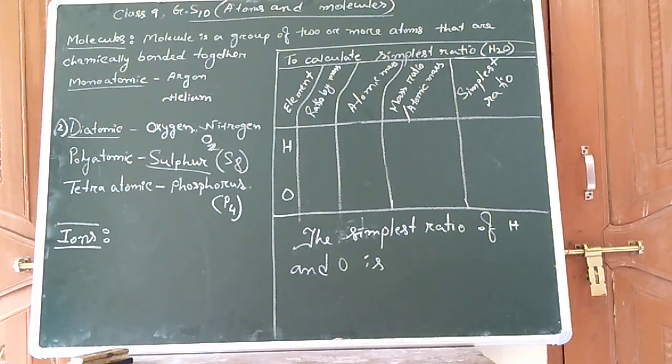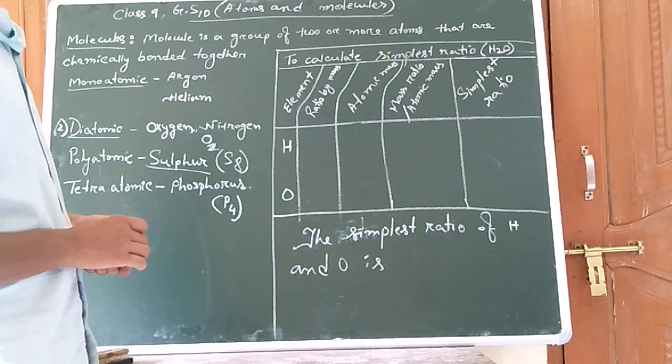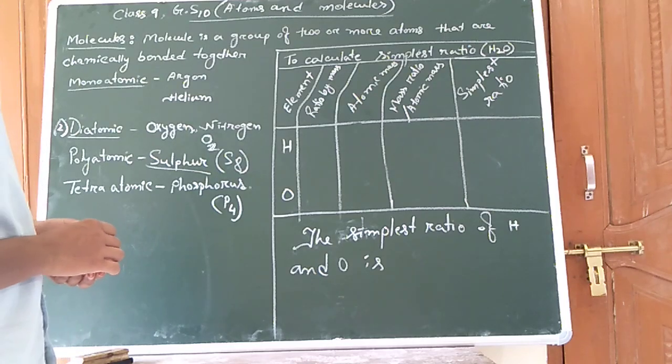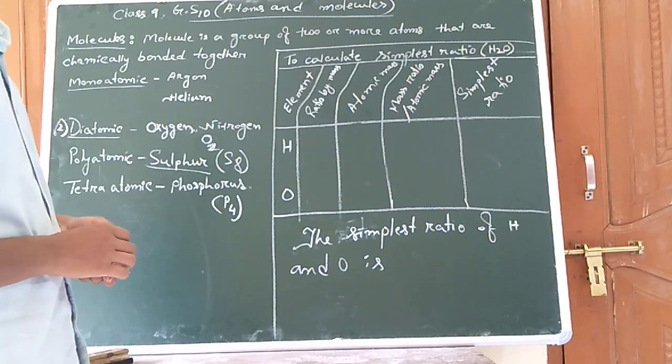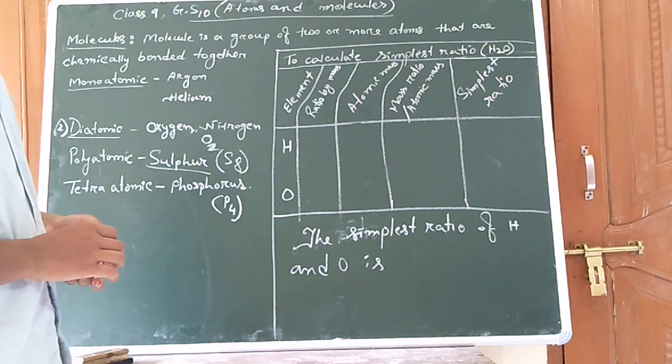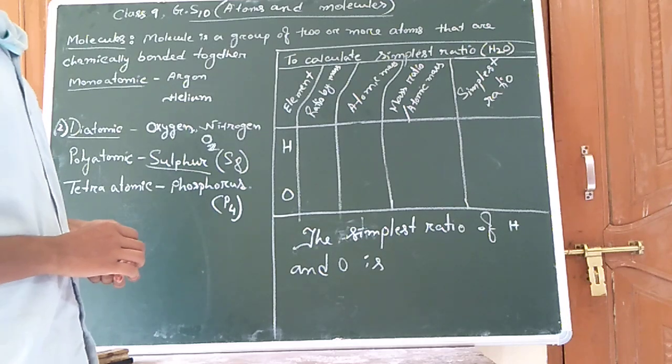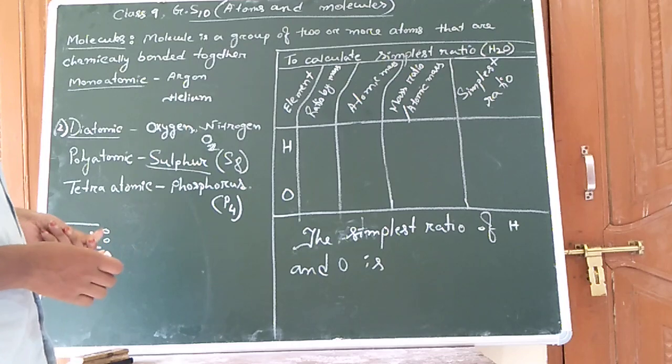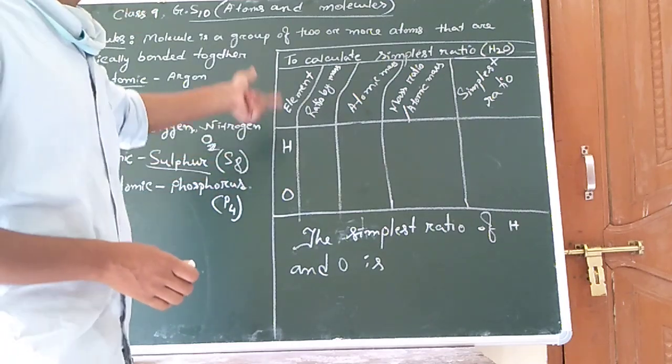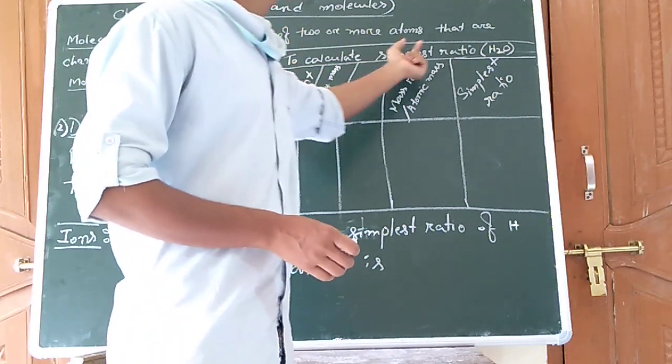All of you know the mass proportion we discussed in Dalton's atomic theory. In a chemical reaction, the elements combine in a definite proportion by mass. For example, hydrogen and oxygen form water. How do we calculate the simplest ratio?